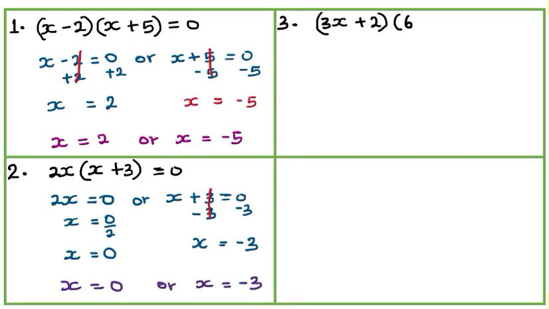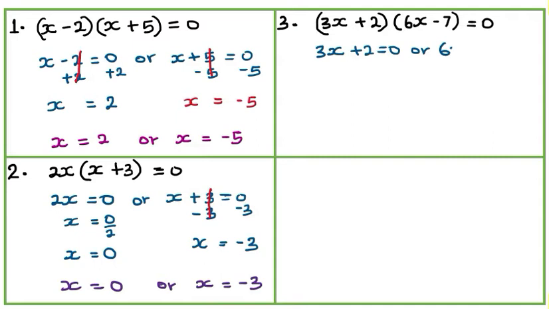So like how we have done example 1 and example 2, we will still have 3x plus 2 is equal to 0, or 6x minus 7 is equal to 0.